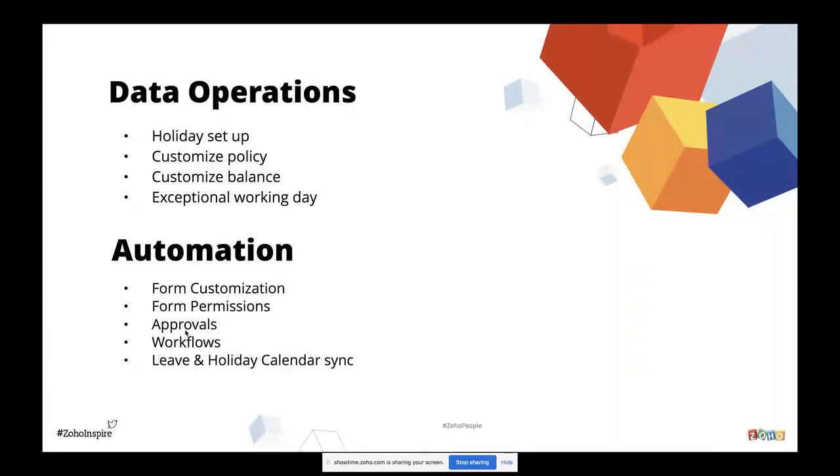You can define the approvals, whether it is going to be a single level approver or multi-level approver based on the criteria, etc. And you can define workflows like reminding the employee or reminding the reporting manager based on leave cancellation, or when an employee is going to apply leave, you can remind the entire department or entire team he's working in. We do have an option to sync your leave and holiday data into your Google and Office 365 calendars as well.